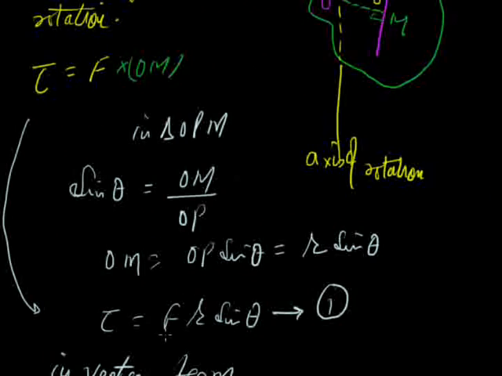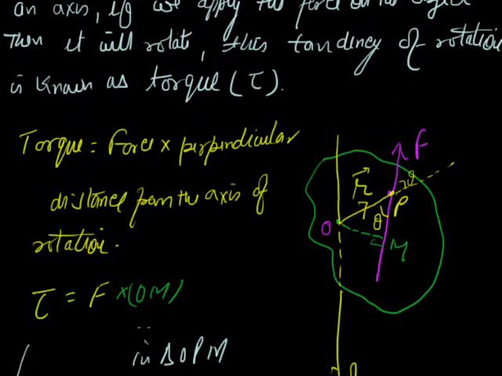The right hand thumb rule says: if we point the fingers of our right hand towards the first vector and rotate them in the direction of rotation of the object, for example, spread the fingers and thumb in such a way that they are mutually perpendicular, point the fingers towards R and rotate the fingers in the direction of rotation of the object, the thumb will be upward.